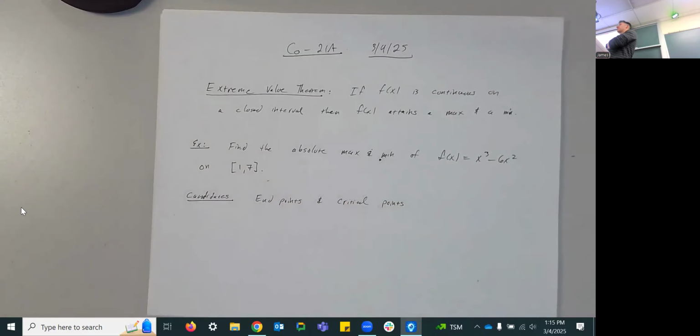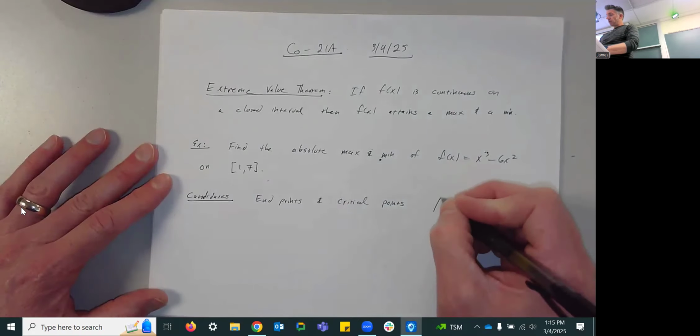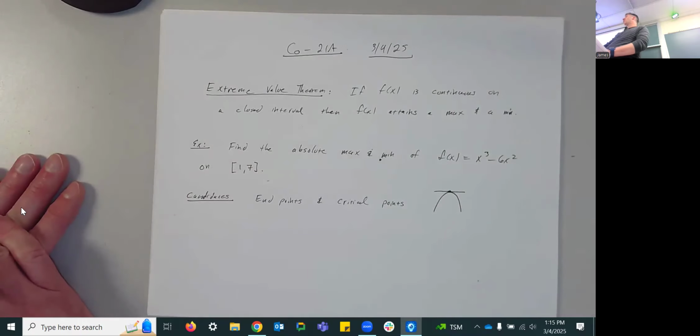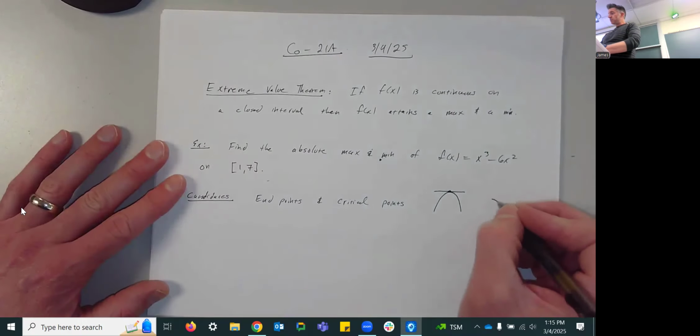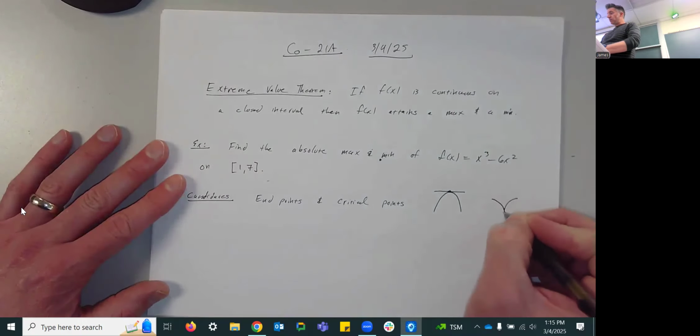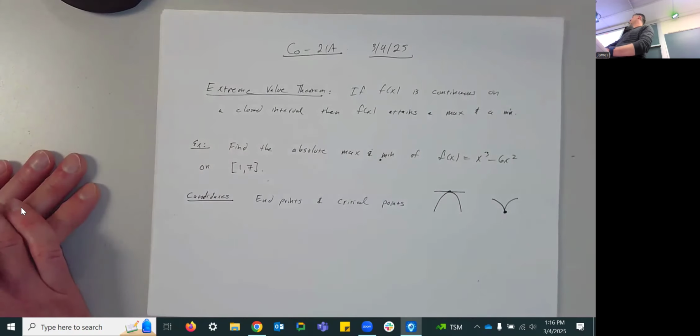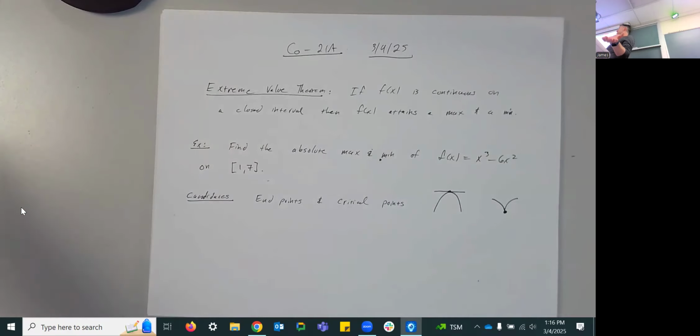The critical point being where either the function's derivative is equal to 0, so maybe a point like that, where you might have a maximum where the derivative is 0, or a place where the derivative doesn't exist, like a cusp or a corner. Both of those are places where we potentially have a maximum or a minimum.